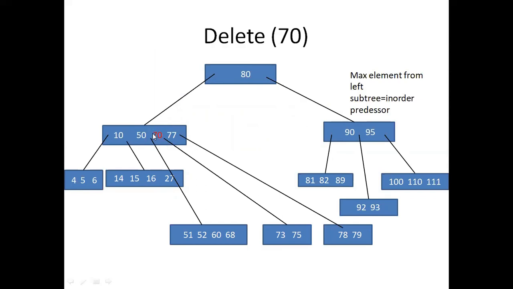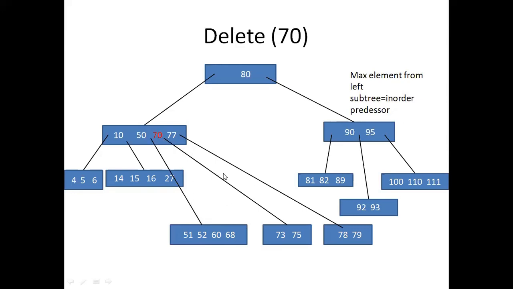So if we want to delete this 70, then this place will be replaced with the in-order predecessor. Now, how will you recognize the in-order predecessor? If you want to delete 70, what is at the left of 70? This link. Now from this child, select the maximum value.